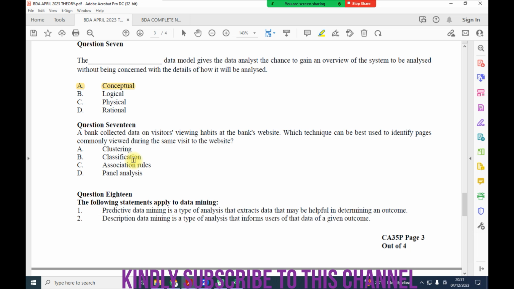Remember, here we are identifying pages commonly viewed during the same visit, and that is association, where we are finding items in your data set that frequently occur together in the same transaction, and therefore that one seems to be our answer.